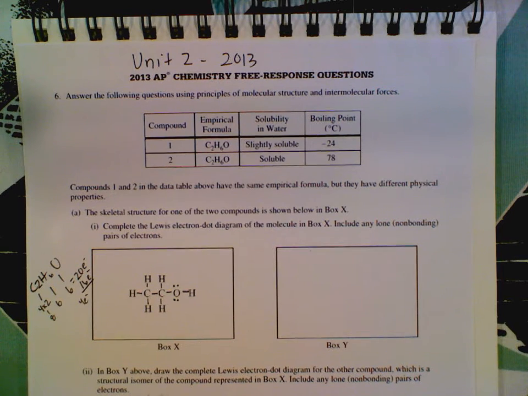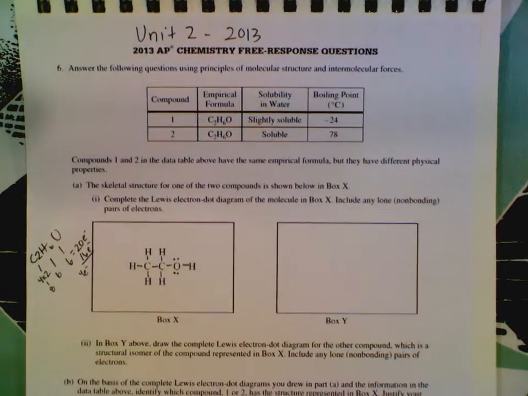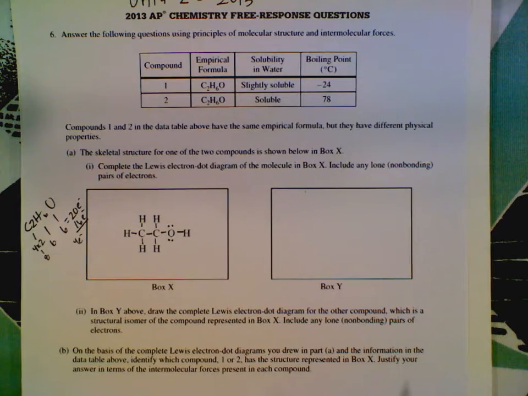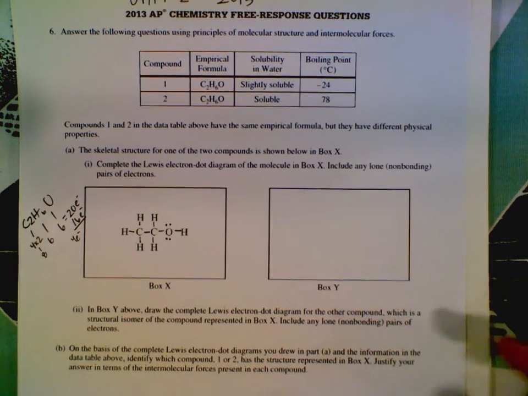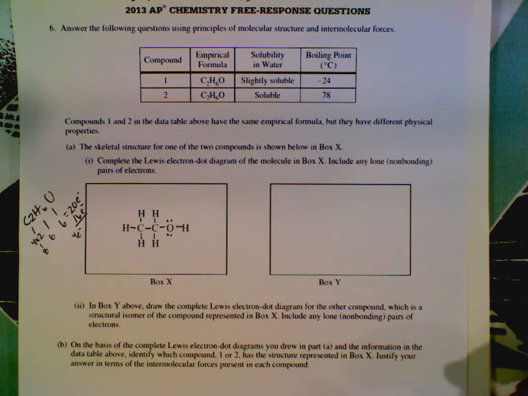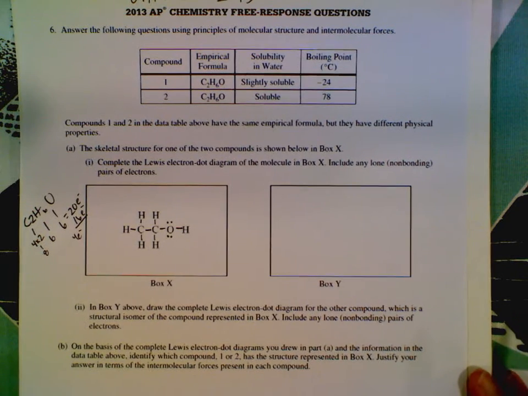All right, in box Y above, draw the complete Lewis electron dot diagram for the other compound, which is a structural isomer. So a structural isomer means that it is the same chemical formula, but it has a different structure to it.